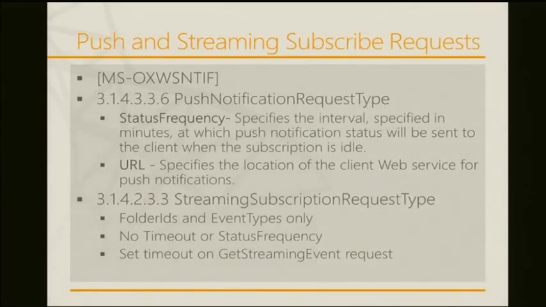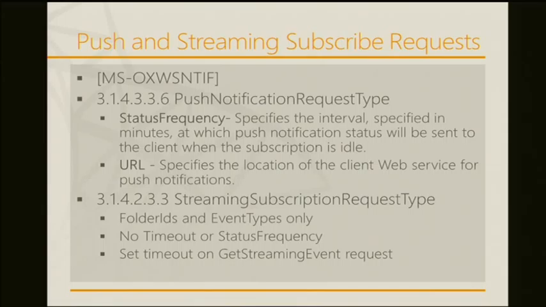So those examples were for pull. Rather than walking through push and streaming subscriptions exactly, here are the notes where they are in the protocol. I just wanted to point out some key differences. With a push notification request, you would send a status frequency and URL, because of the nature of a push notification model versus pull. Status frequency is how often you want Exchange to send you a heartbeat request to make sure that you're still listening.